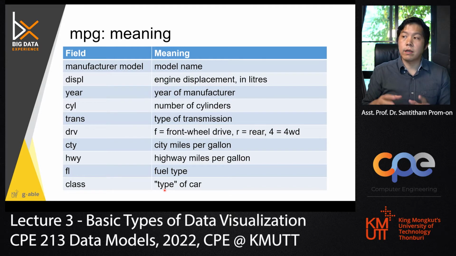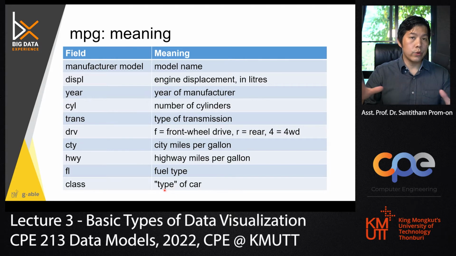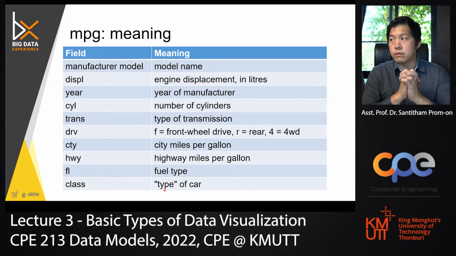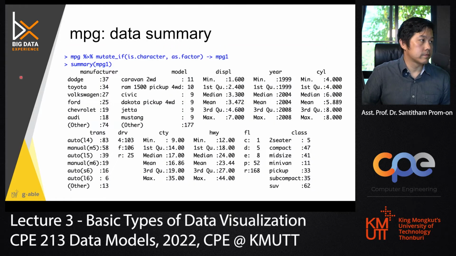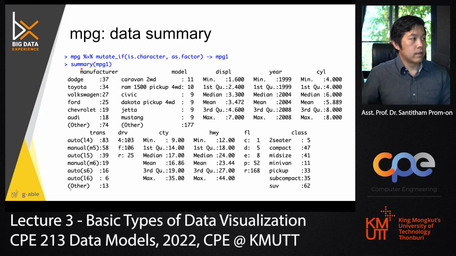That is because R has factors, and with factors and this function, it would show you the distribution of different variables. What I'm talking about is the function called summary. The summary function can be used to show the distribution of the data. For this one, you can see that I use mpg, and I put it into mutate here.